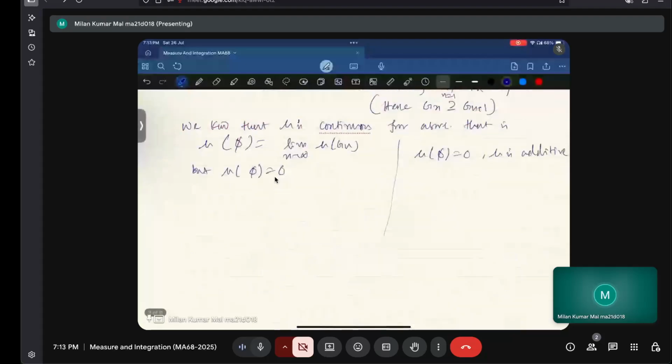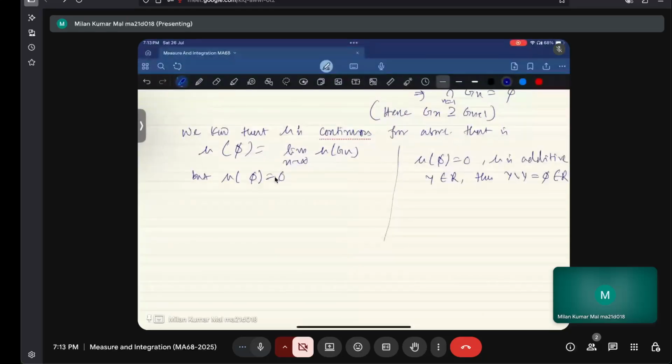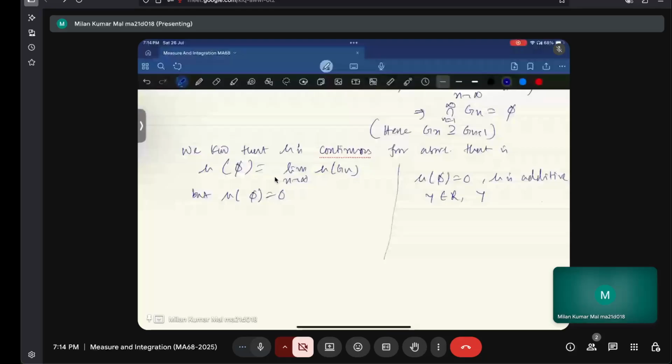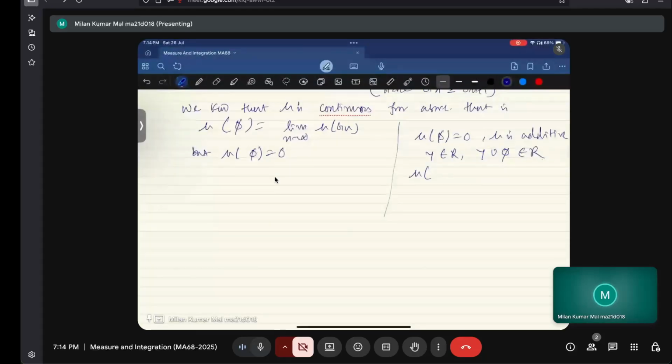Y union empty is Y. So mu of Y union empty is equal to mu of Y plus mu of phi.